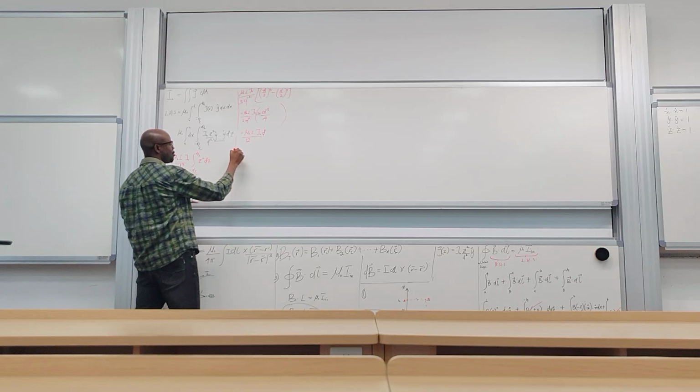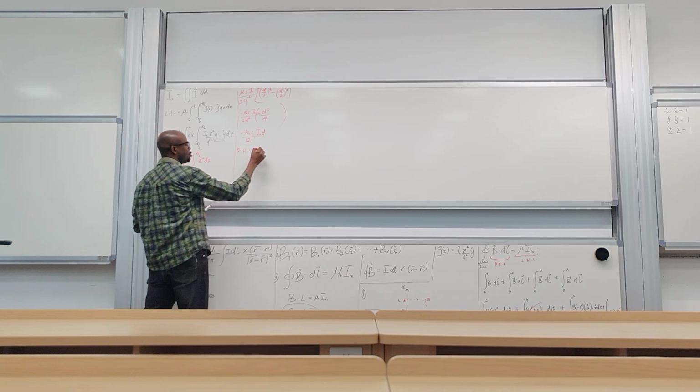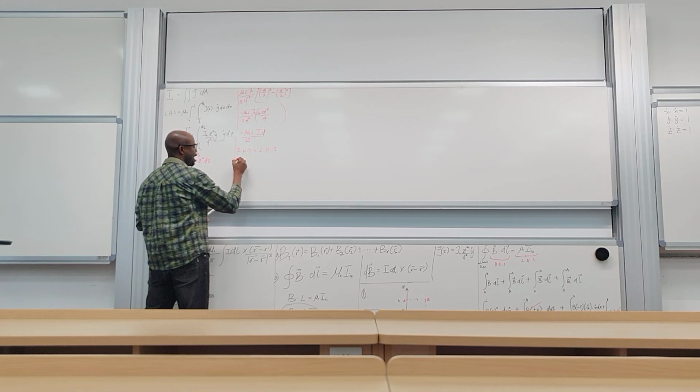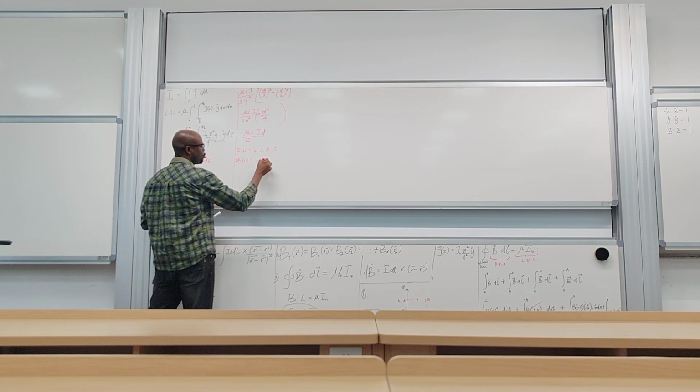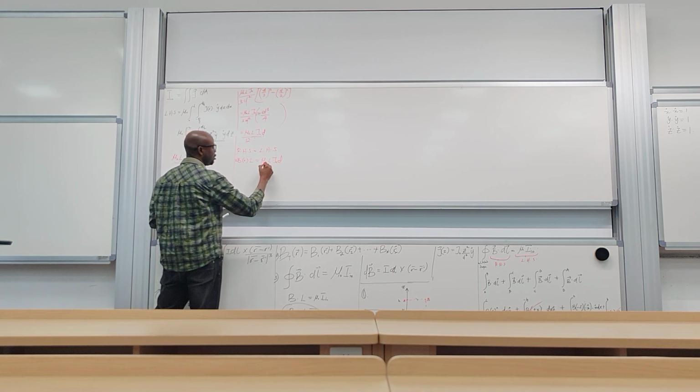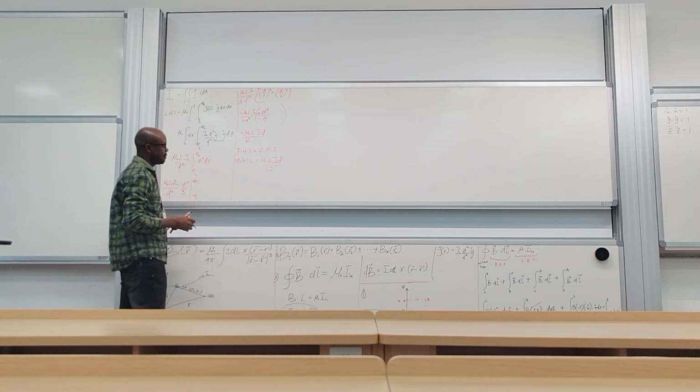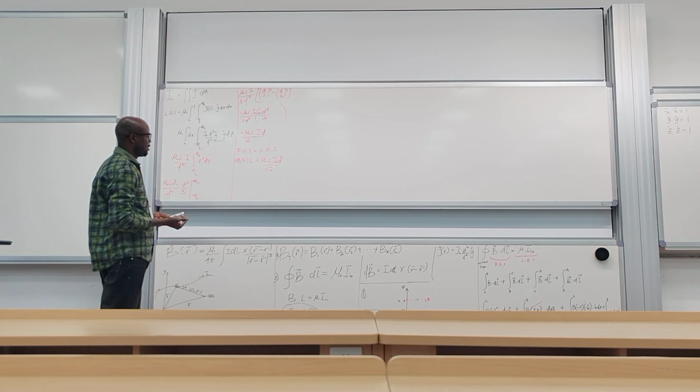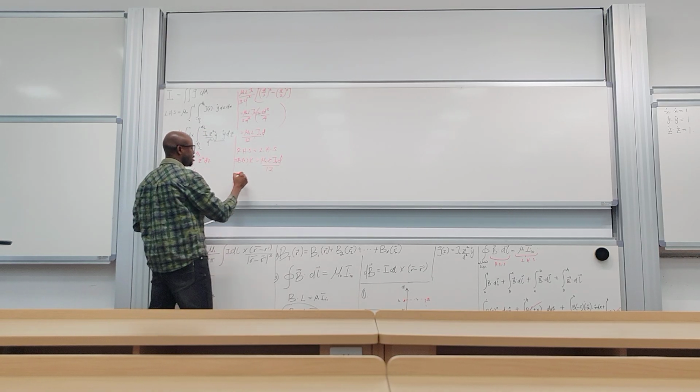So if I equate the right hand side to the left hand side, I have b as a function of z, 2 of that times l, is equal to mu naught L j naught d over 12. So this cancels this.